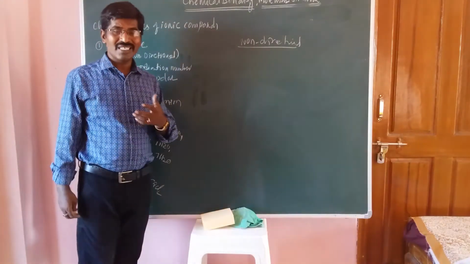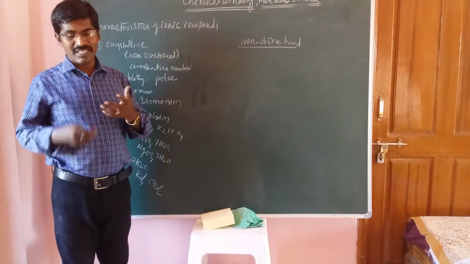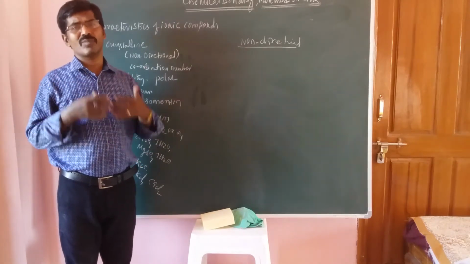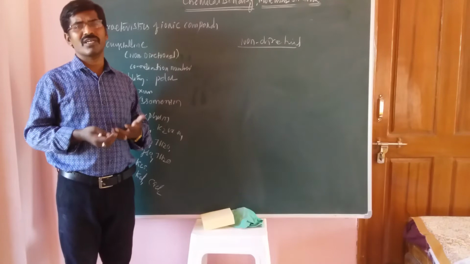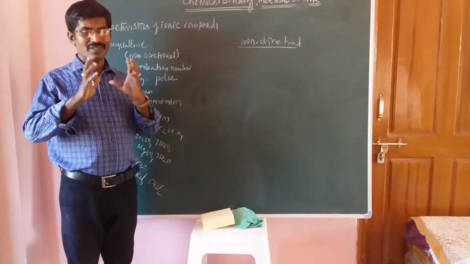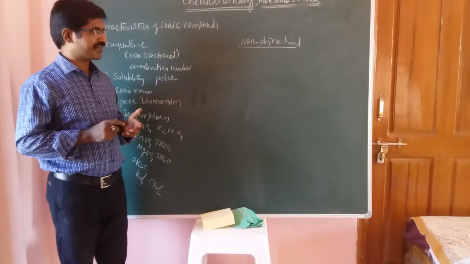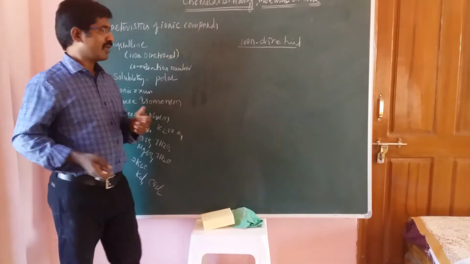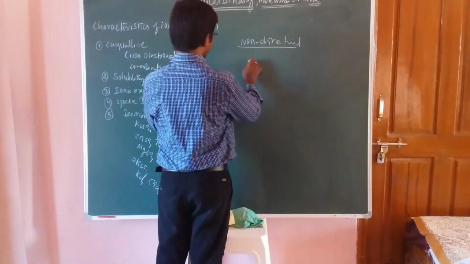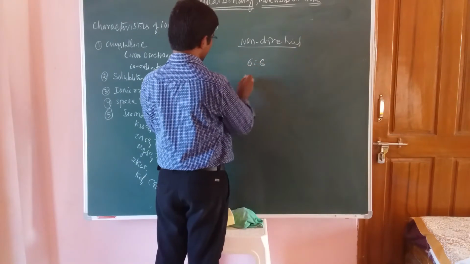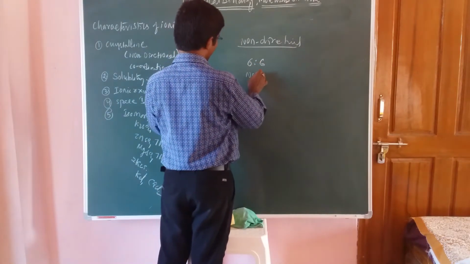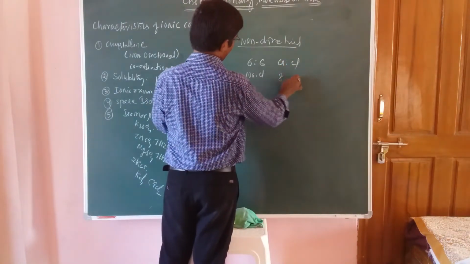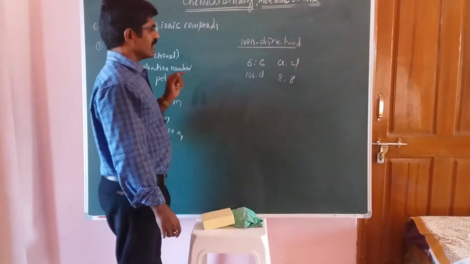Greater the coordination. In ionic compounds like lithium chloride, sodium chloride, potassium chloride, magnesium chloride, calcium chloride, these ions always exist in a greater coordination number. The coordination number is 6 to 6 for Na and Cl, and for Cs and Cl it is 8 to 8.